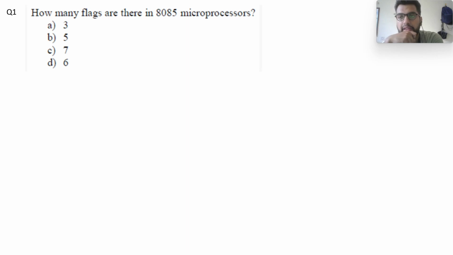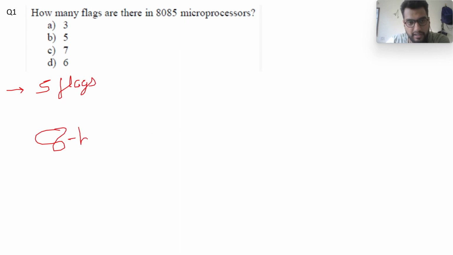Can someone tell me how many there are? Let me just tell. There are actually 5 flags. But this flag is basically a register which contains 8 bits, right? As I already told you, 3 are don't care, so we don't care about them, and 5 are relevant.